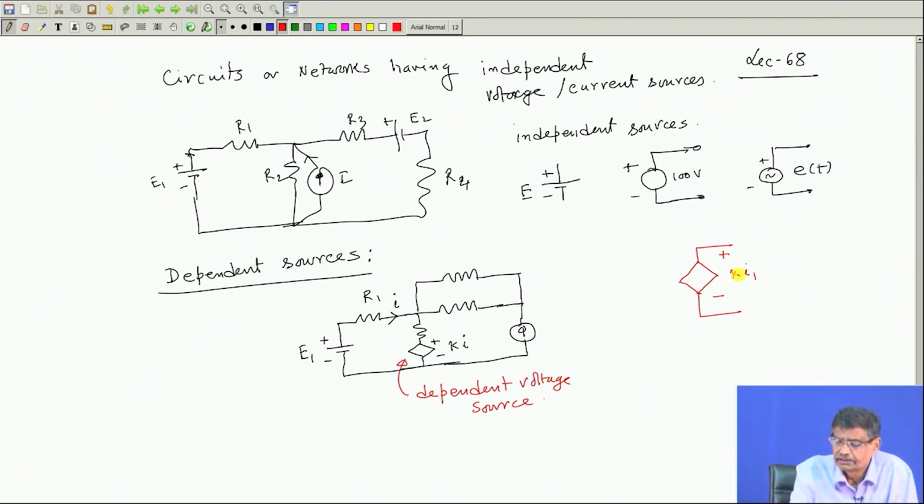What is I1? I1 is current in some other, definite branch of the circuit. When I1 flows between these 2 points, a voltage K I1 will appear.